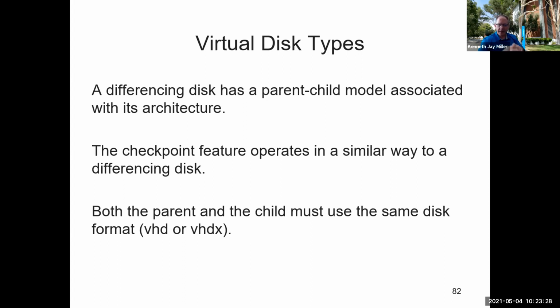And the parent and the child have to use the same disk format of either VHD or VHDX. So I can't create a differencing disk that uses VHDX if the parent disk is VHD, or vice versa. It will not work.